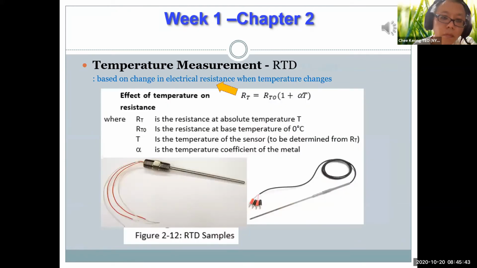Yet another sensor for temperature sensing is the RTD, resistance temperature detector. This device changes its electrical resistance when subjected to different intensity of heat.